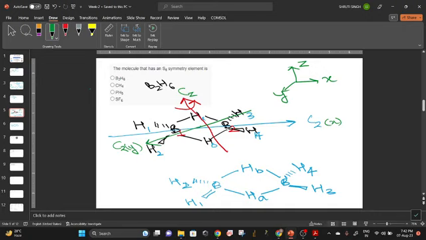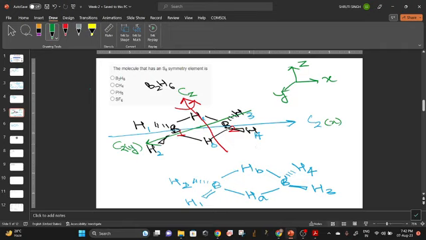How will this one change? All the atoms will change their position. Yes, in this one, passing through the center, all the atoms will change.